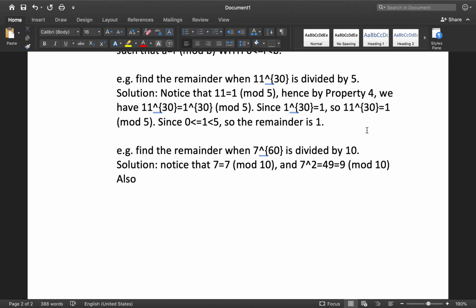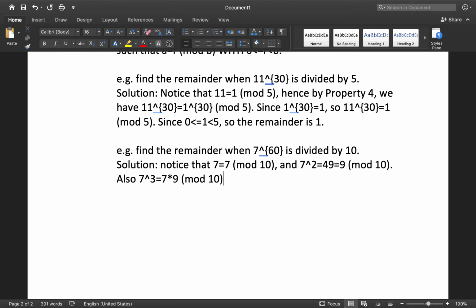Also, you can take 7 to the power 3, but my suggestion is you don't really have to multiply 7 by 3 times, because you're taking congruence. So in fact, it is just congruent to 7 times 9, modulo 10.